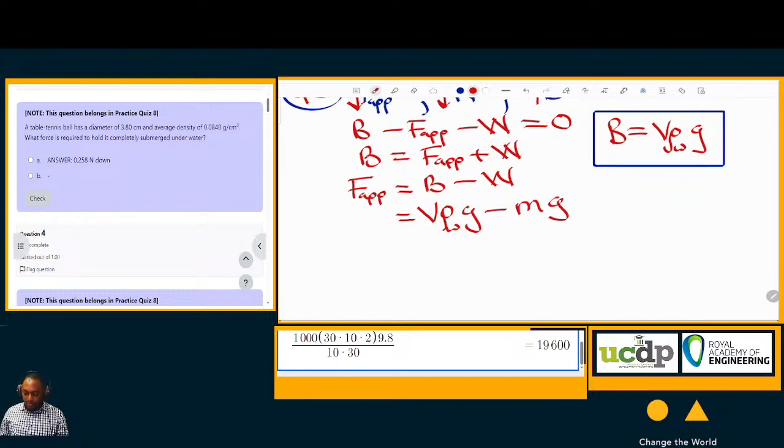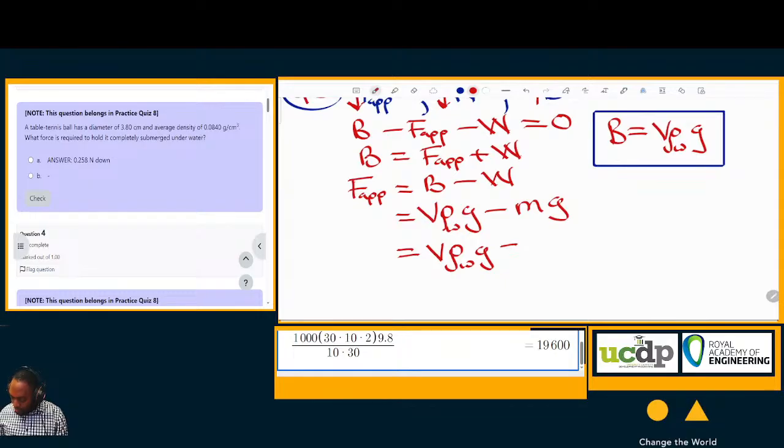You can then further simplify, because the mass of the ball we are not given. We can express it in terms of density and volume.